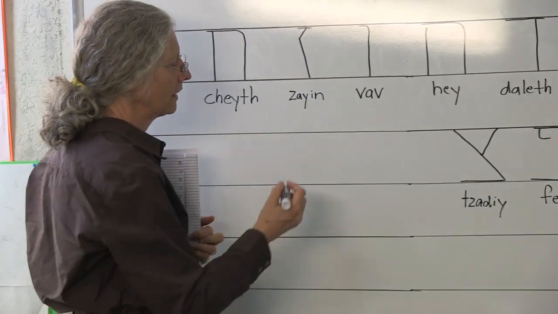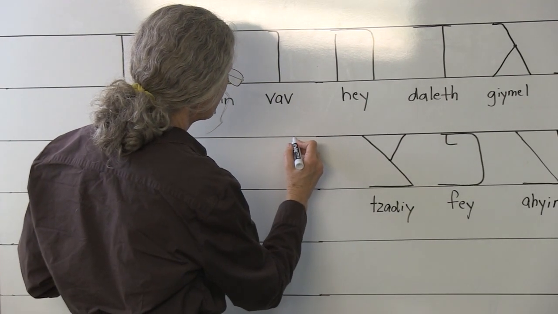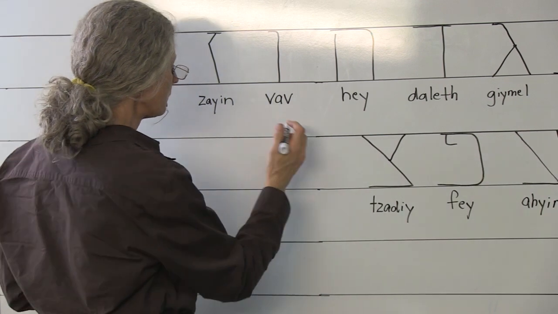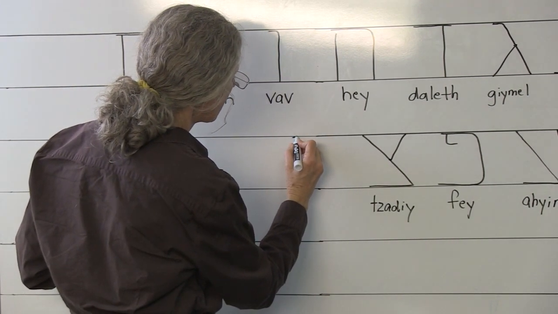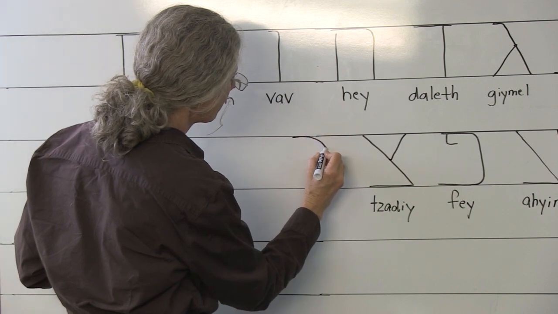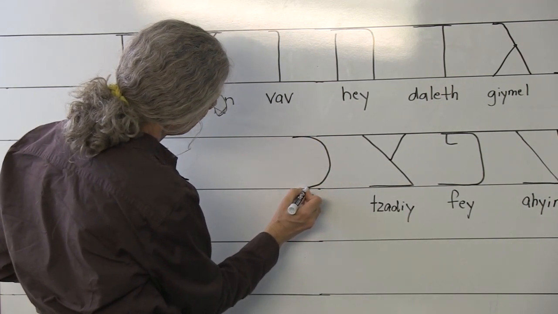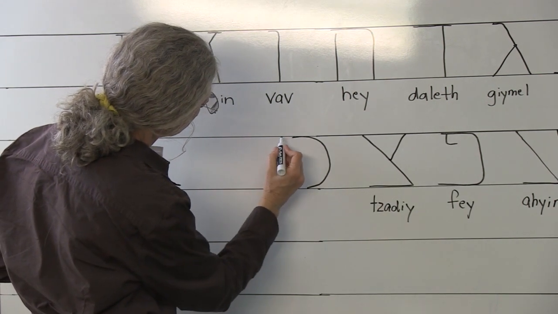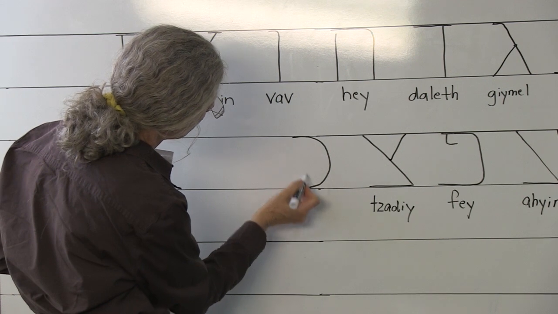Ready? Next one is kuf. So kuf is a little unusual, but just watch and then write. You're going to start in the top, curve around here, and then curve down. It's like a backwards C, but it's a little less on the bottom than it is in the top.